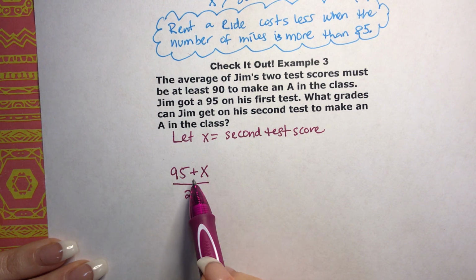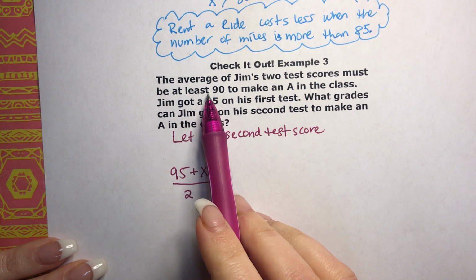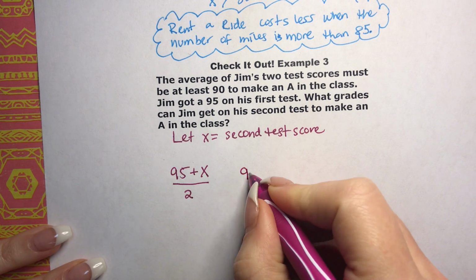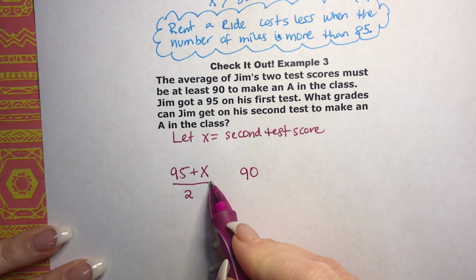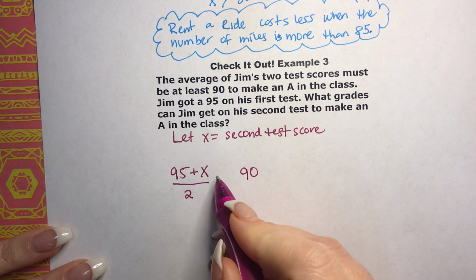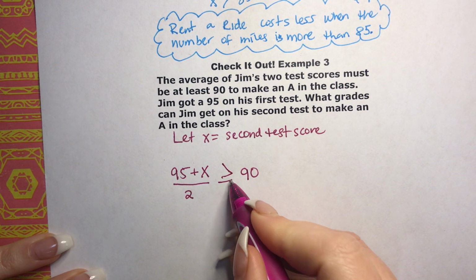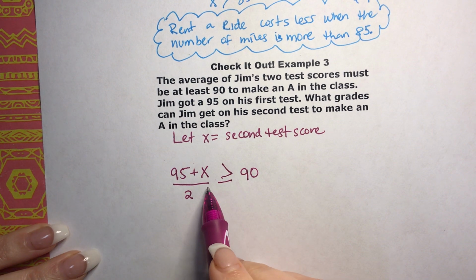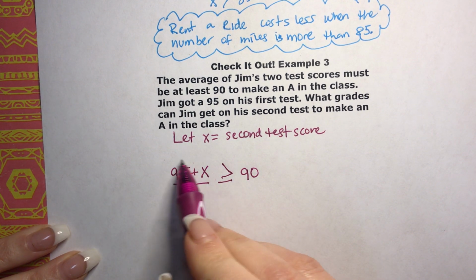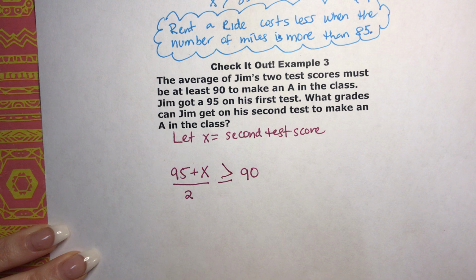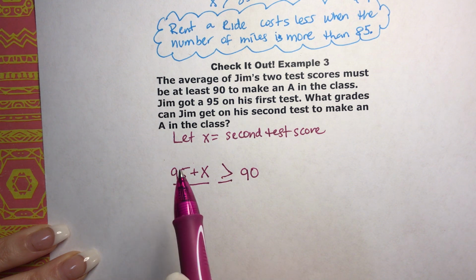Now, this average must be at least 90. So that means it has to be bigger than 90, because 90 is the least it can be. So it can equal 90, but this has to be bigger than or equal to 90.